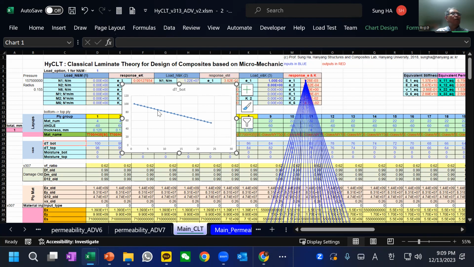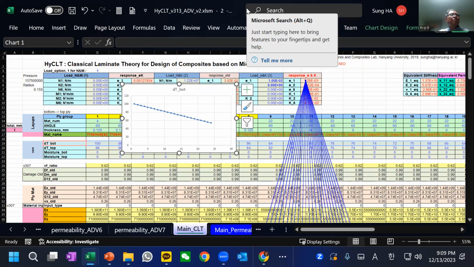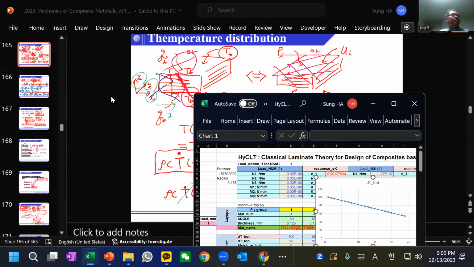Why? Because this satisfies the temperature equilibrium. So in this case, you don't need to calculate temperature equilibrium. You only need the top and bottom, and through the thickness it is linear. But in general, you have to solve the temperature equilibrium. Okay, thank you.